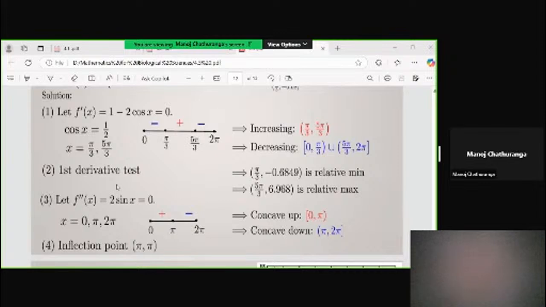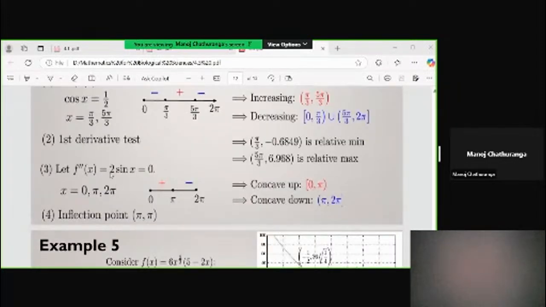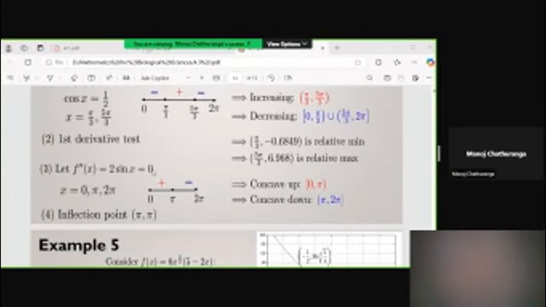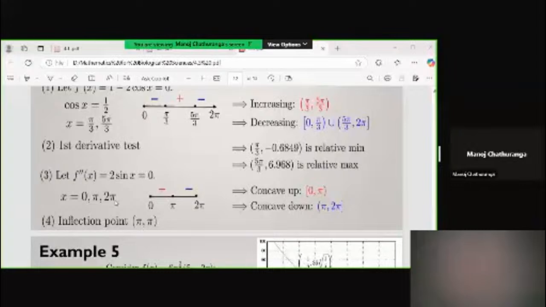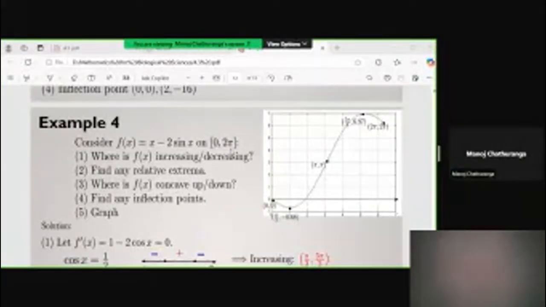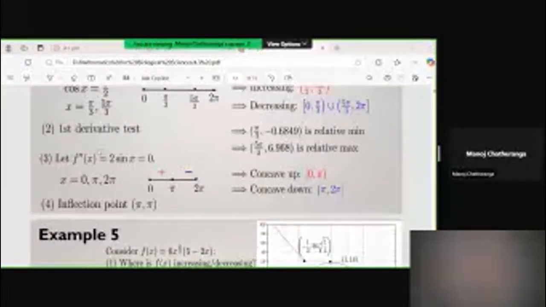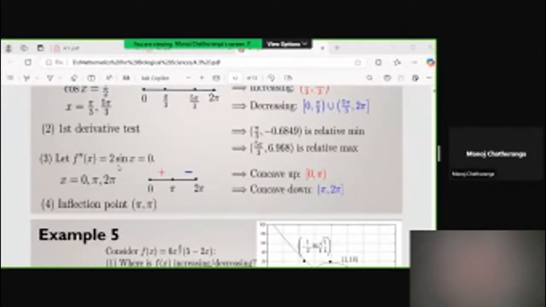If somebody wants, he can investigate the concavity by looking at the second derivative. The second derivative is sin x, which is 0 at all the multiples of pi.